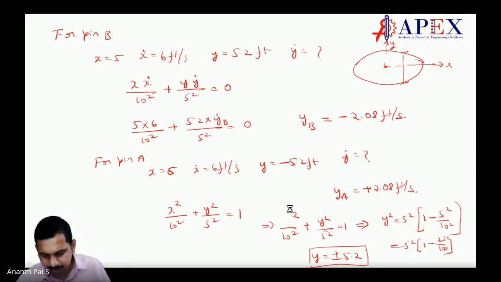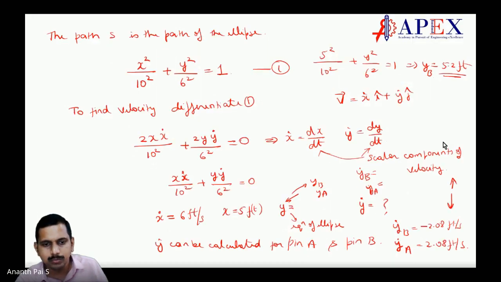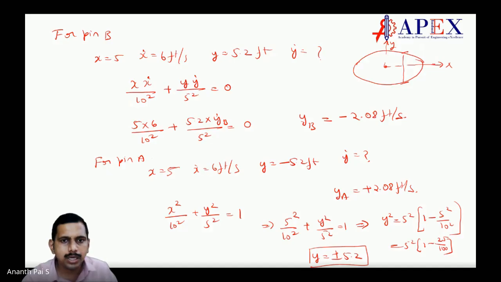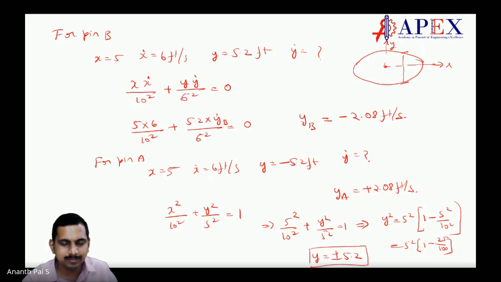That y dot divided by 5 square, yes. Sorry, 6 square, correct. I'm sorry. These small mistakes only change everything.